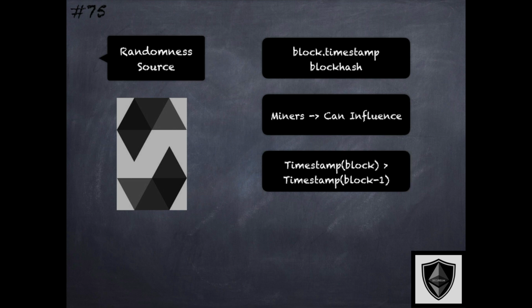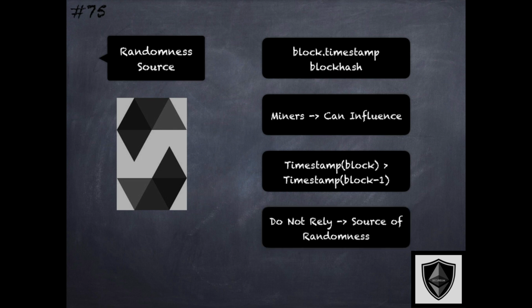The only aspects of timestamps that are guaranteed is that the current block's timestamp must be strictly larger than the timestamp of the last block, and the other guarantee is that it will be somewhere between the timestamps of 2 consecutive blocks in the canonical blockchain. Therefore, smart contract developers should not rely on either the block timestamp or the block hash as a source of good randomness.